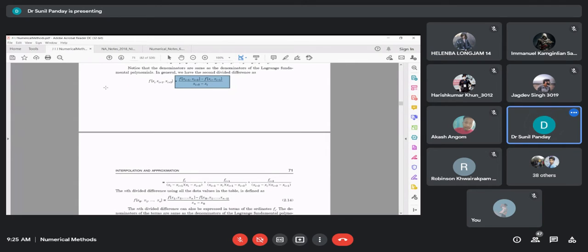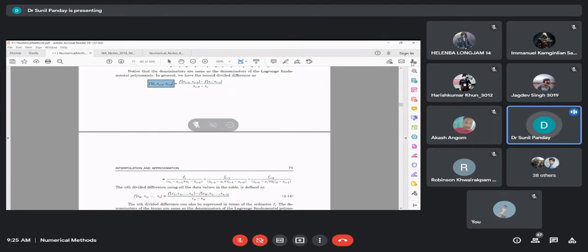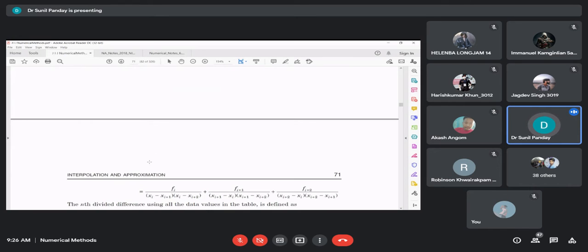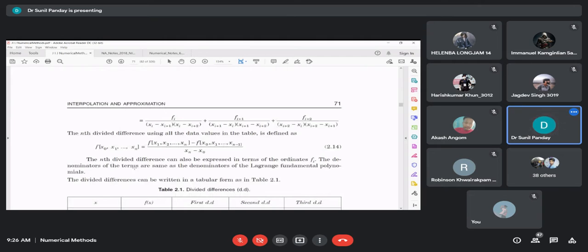You can see that the second order divided difference can be rewritten as f of xi upon xi minus xi plus 1, xi minus xi plus 2, then f of xi plus 1 upon xi plus 1 minus xi, xi plus 1 minus xi plus 2, and f of xi plus 2 upon xi plus 2 minus xi and xi plus 2 minus xi plus 1. So in general, the nth order divided difference is defined like this.